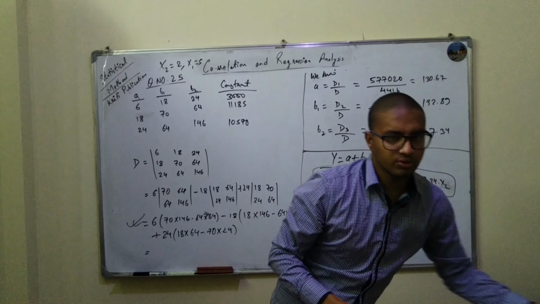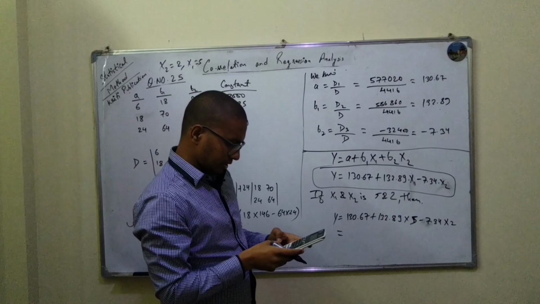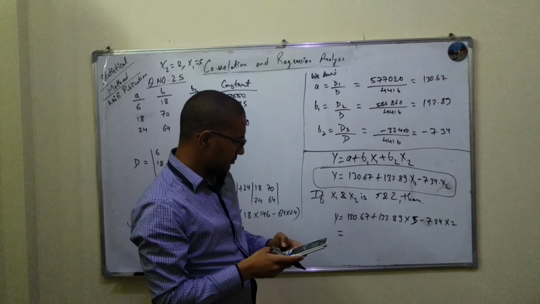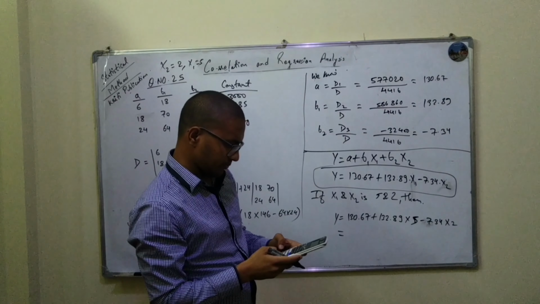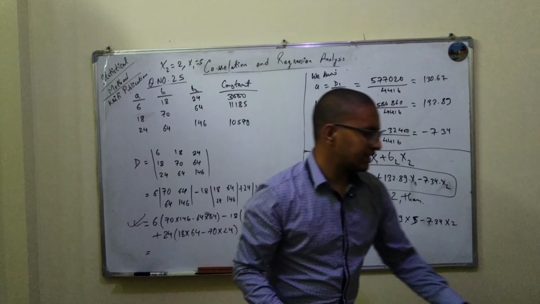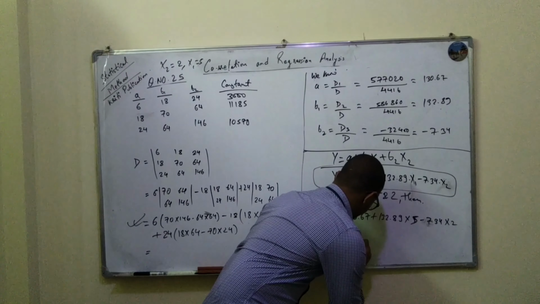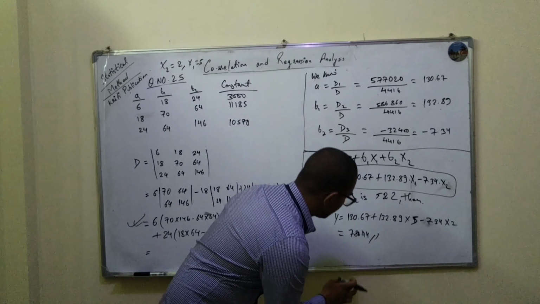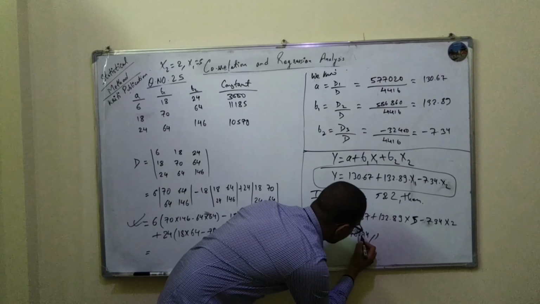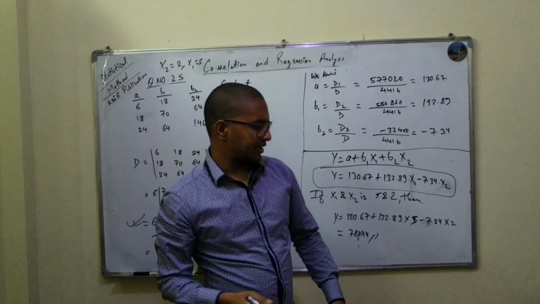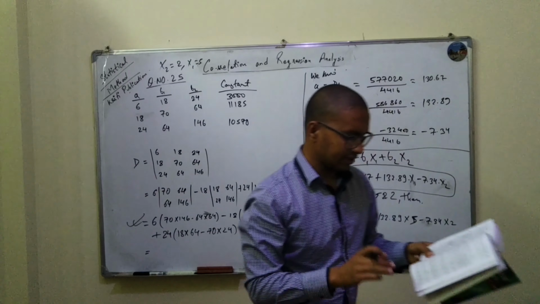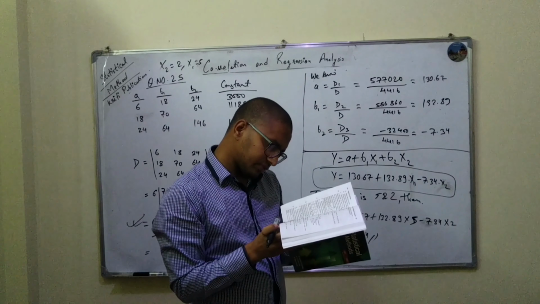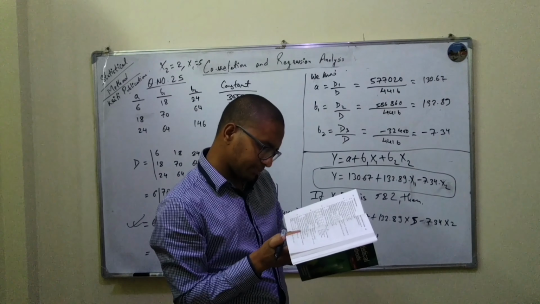So if we use the calculator and compute it as well, 130.67 plus 132.89 into 5 minus 7.34 into 2, 780.44. 780.44, okay. Let's just check in the answers quickly. So 25, 784. Yep, pretty much near.